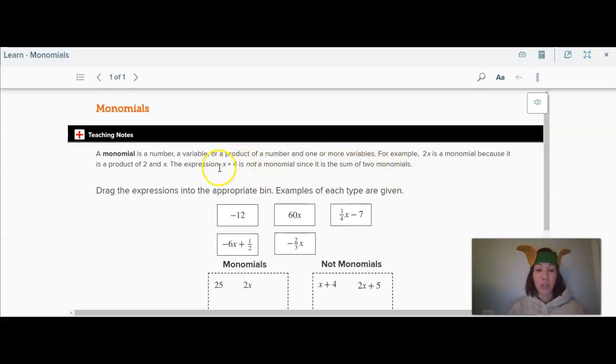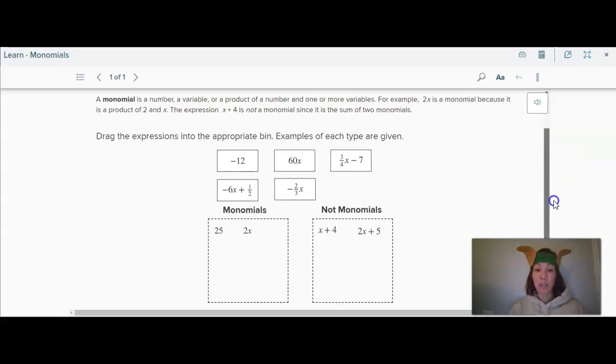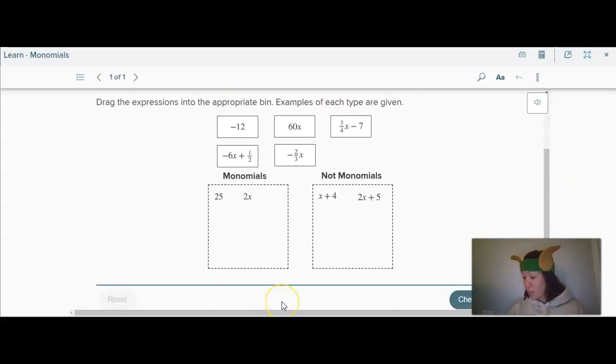This actually has two terms, x and positive 4. So this would be called a binomial, which we'll get into later. There's trinomials and so on and so forth, but monomial is one term. So there's no addition or subtraction separating terms. It's just a single term, but it could be a number or a variable or a combination of numbers and variables. So on page 259, you can fill these in and write them in the appropriate boxes.